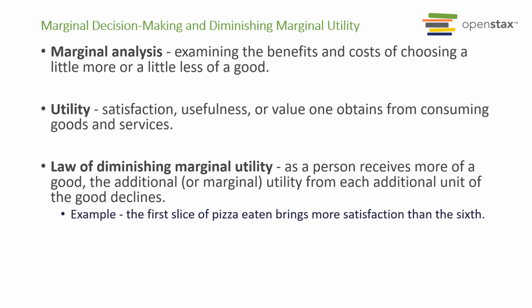But the marginal benefit, the additional benefit for the second Coke is much lower than the first Coke. And if you keep doing this, your third, your fourth, your fifth Coke, the more Coke you consume, the lower the marginal benefit from each additional can of Coke. And that's called the law of diminishing marginal utility.